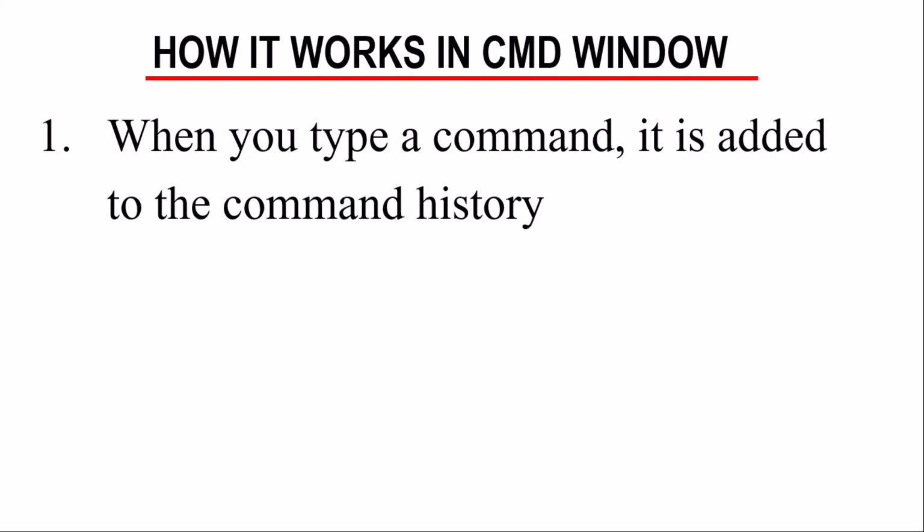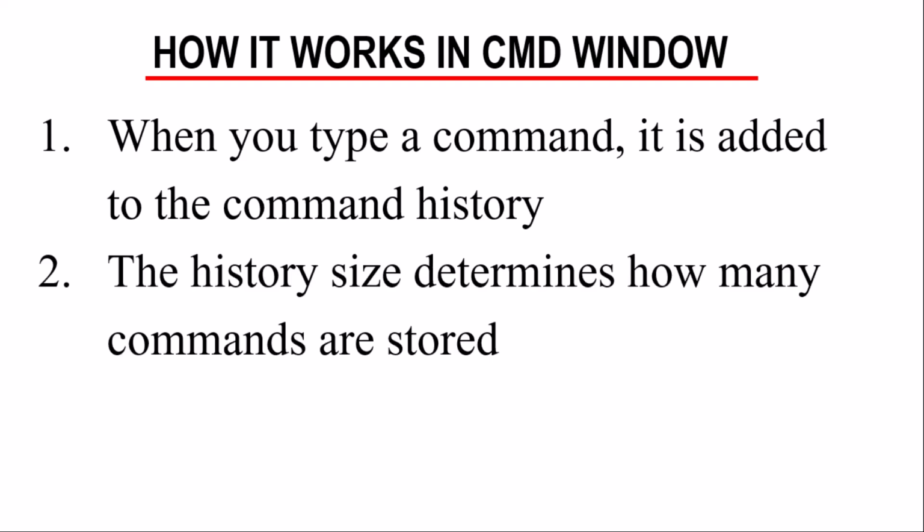So in this case, if the size is set to 50, it means that when you get to that limit, any other command that comes in is going to overwrite the previously typed command. So you have to set up a buffer size, depending on how you work within the command prompt window, that will contain the number of commands that will be executed, which you will need in the future to recall and use for a particular operation.